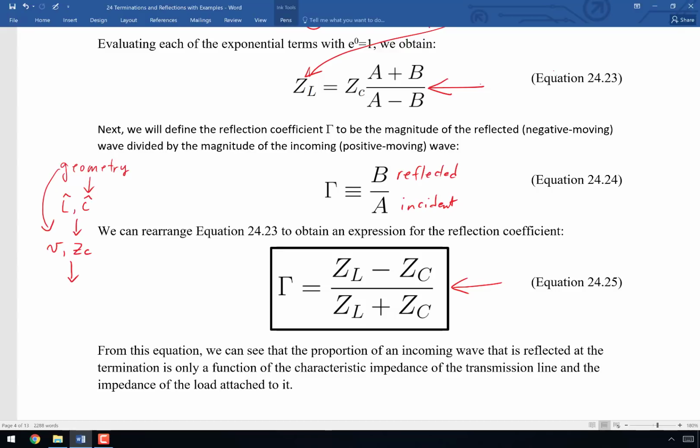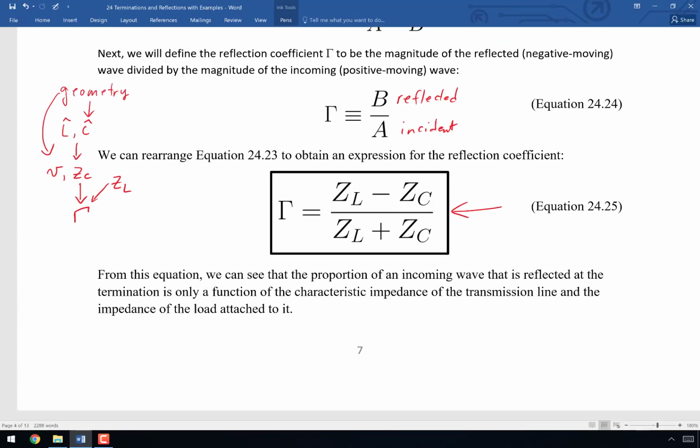And then from Z sub C, let me draw that arrow so it's coming directly from Z sub C, we can now find the reflection coefficient. And I also have to have Z sub L, the load impedance. So if you tell me about the geometry of a line and what is attached to the end of it, I can tell you how much of a signal will be reflected when it hits the end, when it hits the termination.